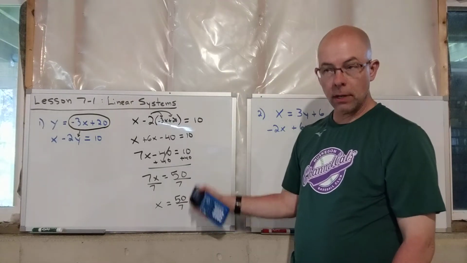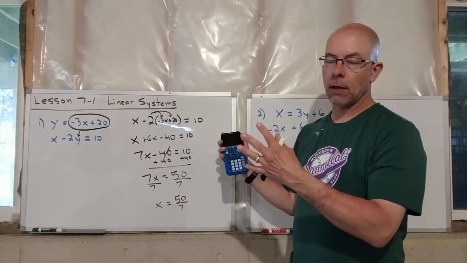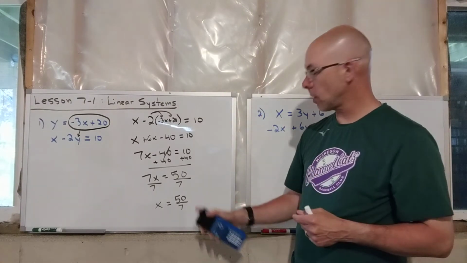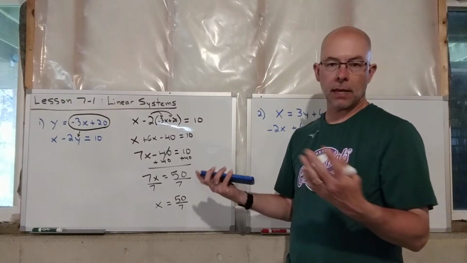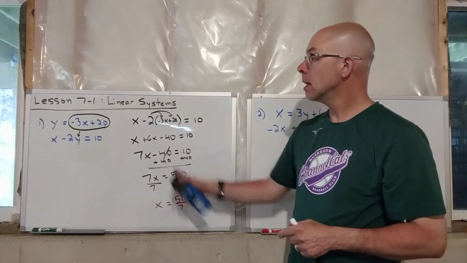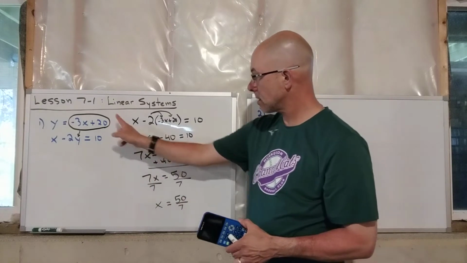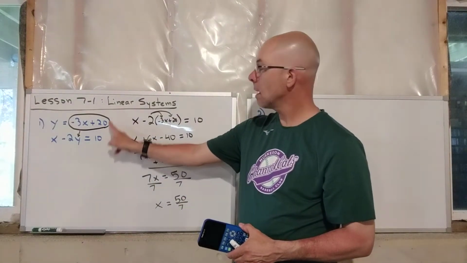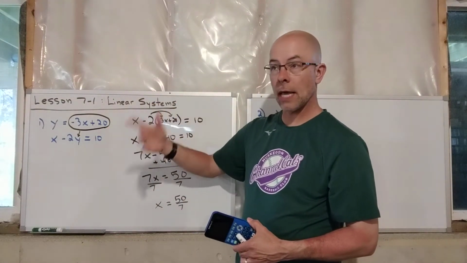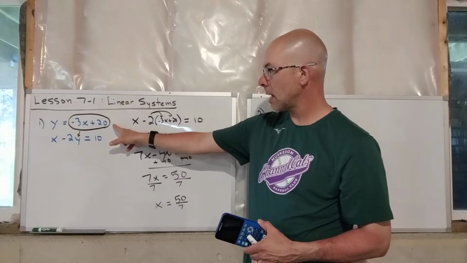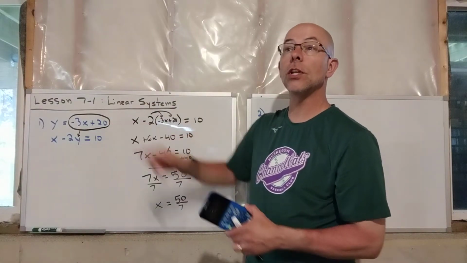That's our x-coordinate. This means the lines are not parallel, and it's not the same line on top of each other. The fact that I got an x-coordinate means these intersect in a point. Plug it back in. You can plug this x into either equation. I'm searching for y, but because that one says y equals, it's the easiest one to do.